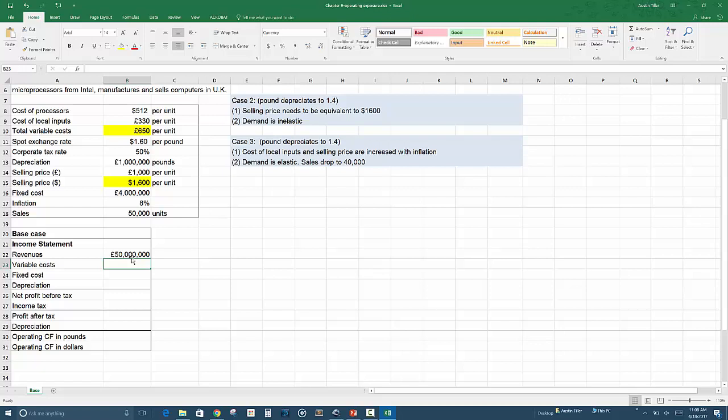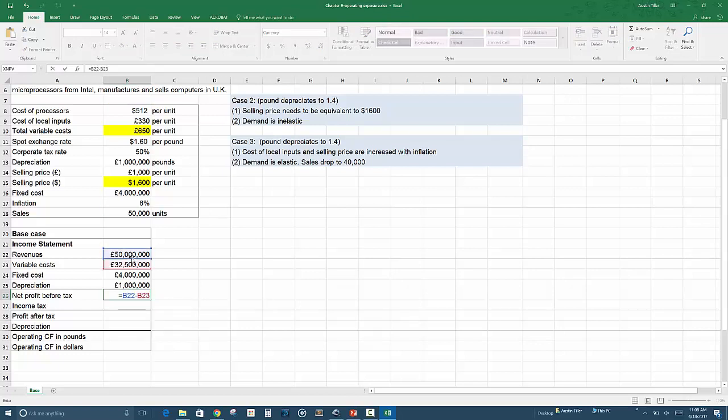Right, so revenue 50 million pounds, variable cost, total 50,000 units from B18 times total variable cost is 650 pounds per unit, so B18 times B10. $32.5 million. Fixed cost is just equal to B16. Fixed cost is fixed at £4 million, so B16.